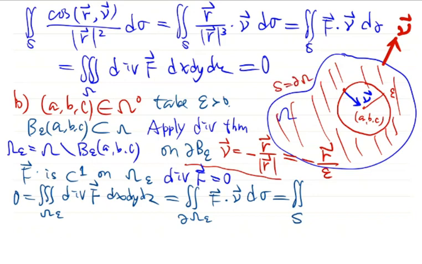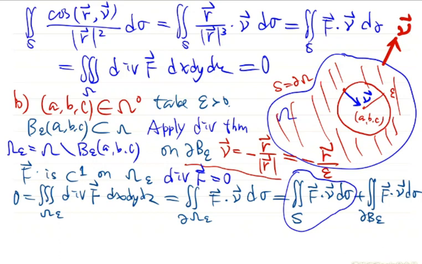Plus the integral over the boundary of B epsilon. And the integral over S, this term is just the integral we want to compute. This term is precisely as before. The inner product of F with the unit normal vector on the boundary of omega, that is S, is just the integrand in the Gauss integral.